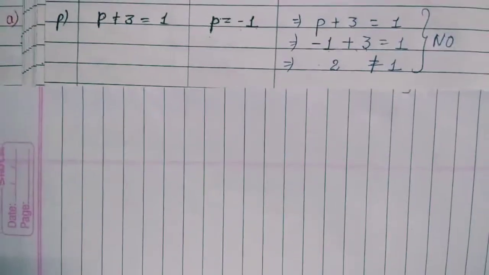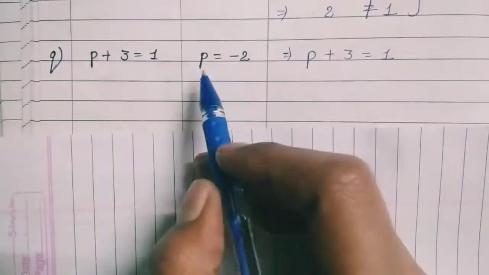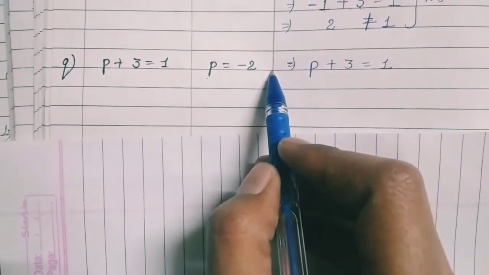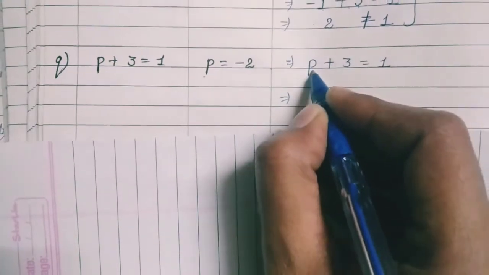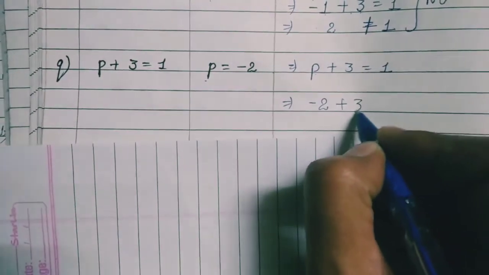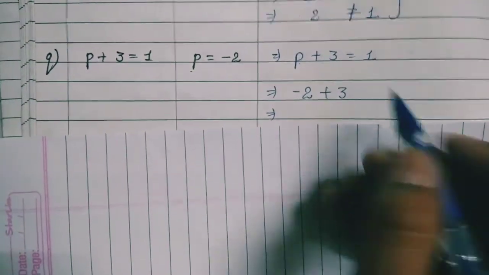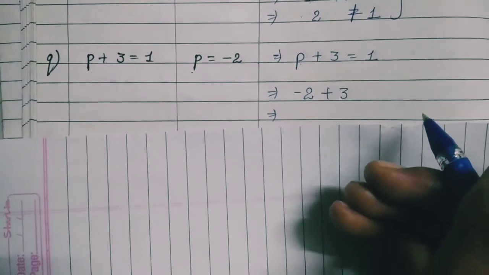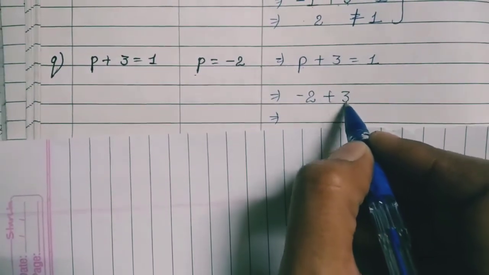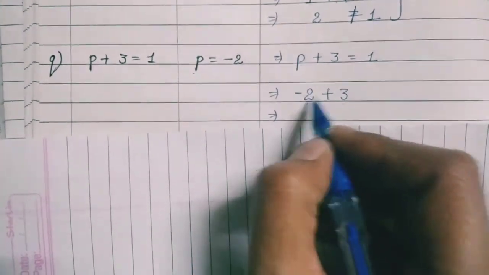The last one of question number 2 is p plus 3 is equal to 1 and the variable value is minus 2. It means on the place of p we will put minus 2 and plus 3 as it is. Minus plus is minus. So we can't subtract 3 from 2, but we can subtract 2 from 3.